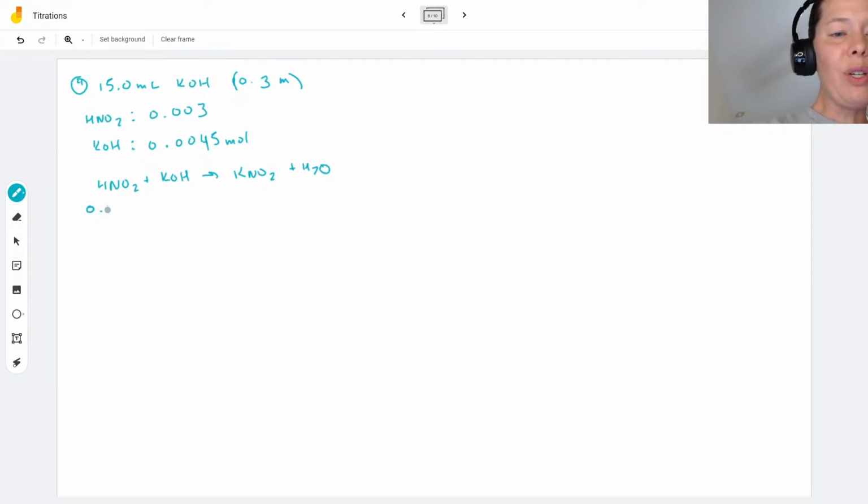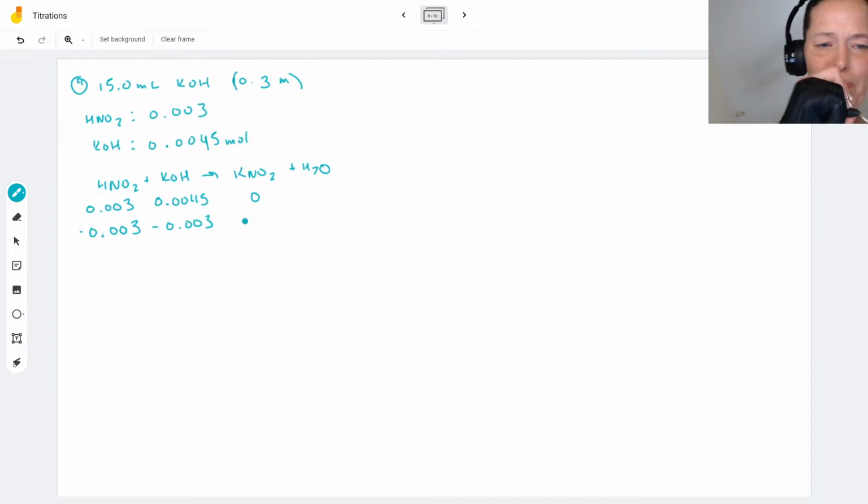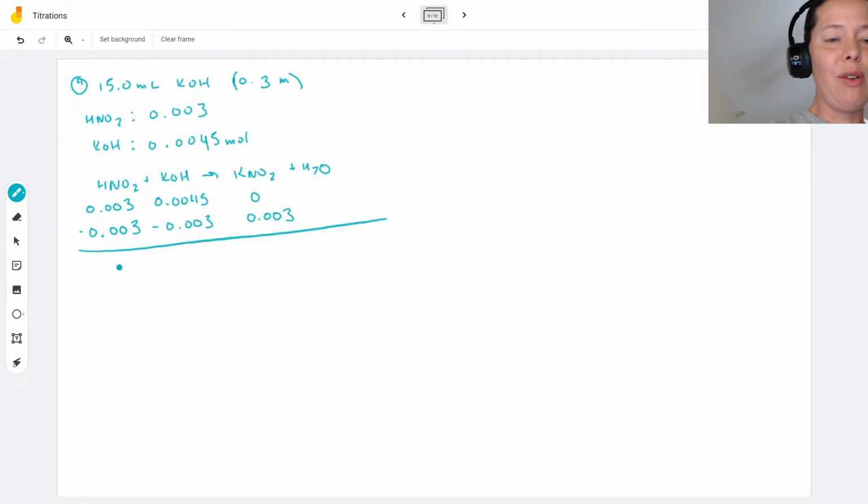And we have 0.003 moles of our acid and 0.0045 moles of our base. And so our limiting reactant now is our acid. So we are going to subtract 0.003 moles and then add on the product side. So now our acid goes to 0. We just have base.